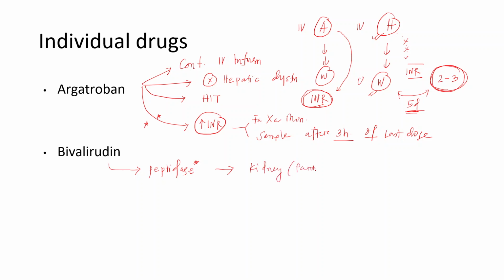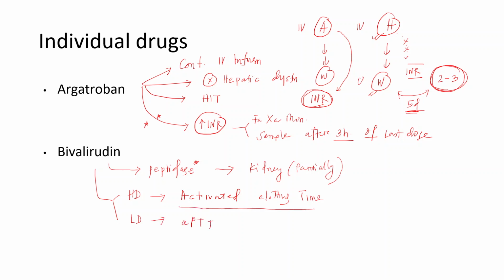For bivalirudin at the higher dose that is used during cardiac surgery, we have to monitor via activated clotting time. And if you are using a lower dose, you can monitor through APTT. So this is monitoring. If you are using a higher dose, use activated clotting time. If you are using a lower dose, use APTT.